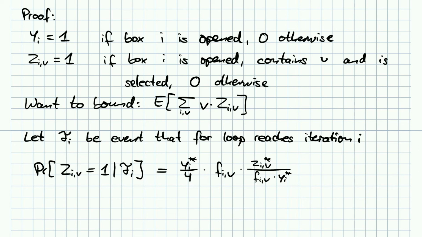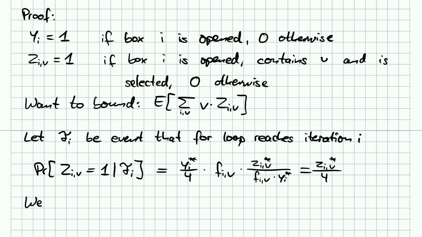What's the probability that we actually select what we find there? And now you see why we're using exactly this probability. Because now things nicely cancel. Now we're getting a probability of z_{i,v} star over 4 that we're actually taking home this box.